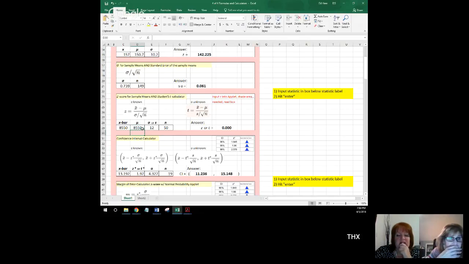What we want to find out in the second question is, if we change n to 50, what is the probability that the sample mean capacity of 50 randomly selected tanks will be greater than 8540? If we leave it all the same, but change our sample to 50, we just want to know the probability that it's greater than 8540.